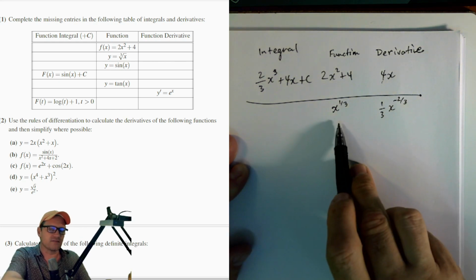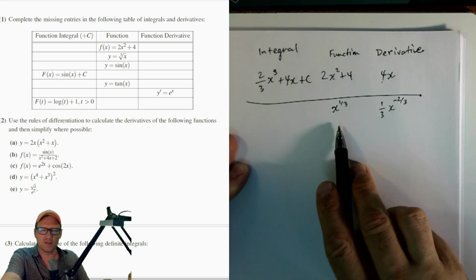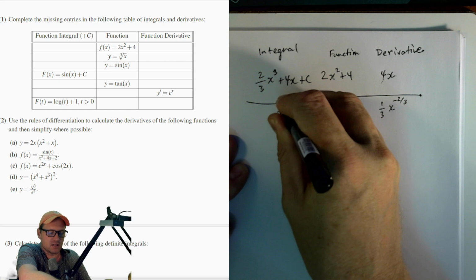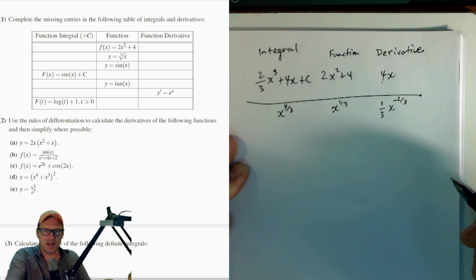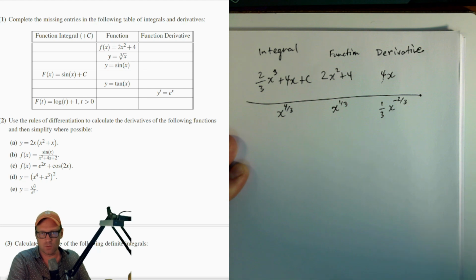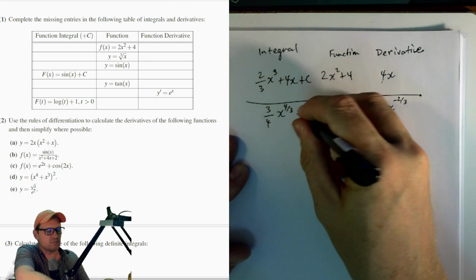Next, integrating this, we add 1 to that exponent, 1/3. 1/3 plus 1 is 4/3. So x to the power of 4/3. We divide by the new exponent. Now 1 divided by 4/3 is 3/4. So 3/4 x to the power of 4/3 plus c.